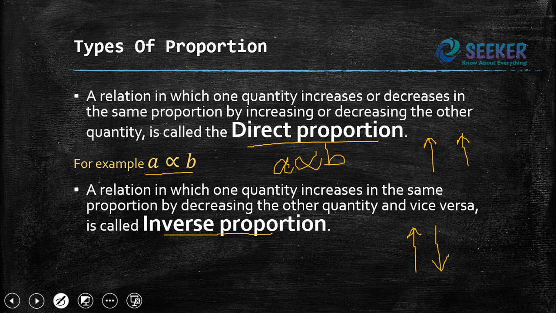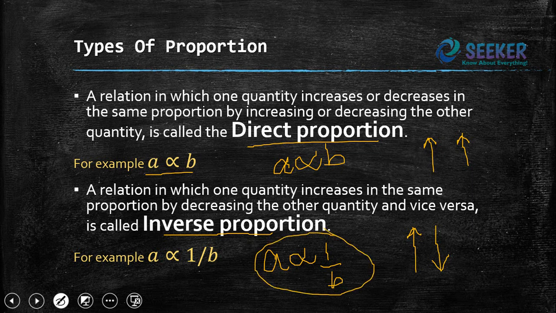This kind of relation between the quantities is known as inverse proportional or inverse relation. It can be represented by the relation which is equal to 1 by that term. For example, here we say that A is inversely proportional to B.